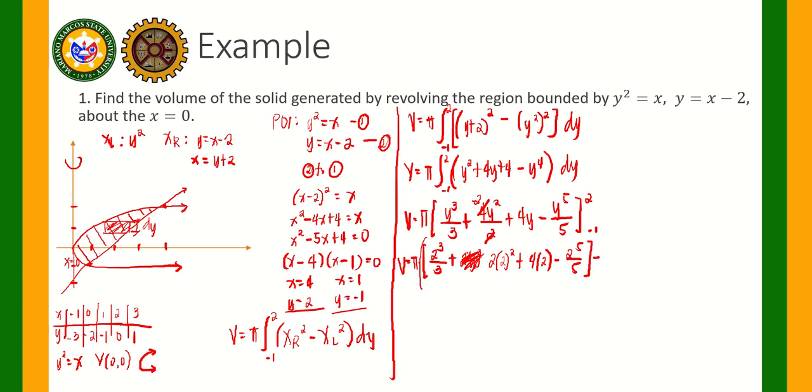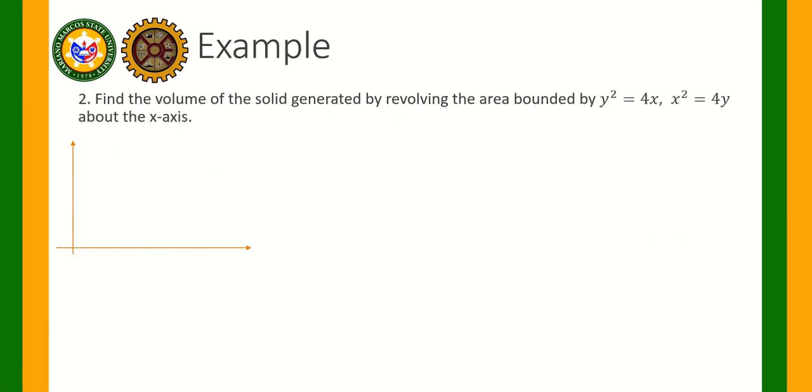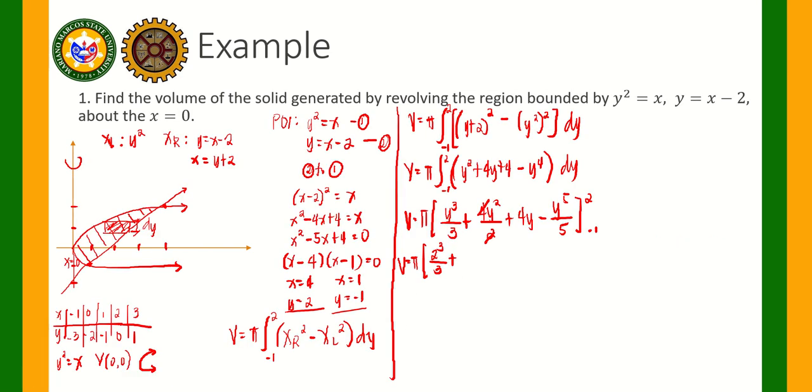Now, for the lower limit, minus, okay, negative 1 cubed over 3 plus 2 times negative 1 squared plus 4 times negative 1 minus negative 1 raised to 5 all over 5. Okay, and then we simplify. So, V is equal to pi multiplied by, sulat lang ulit natin yung mga nawalang values.